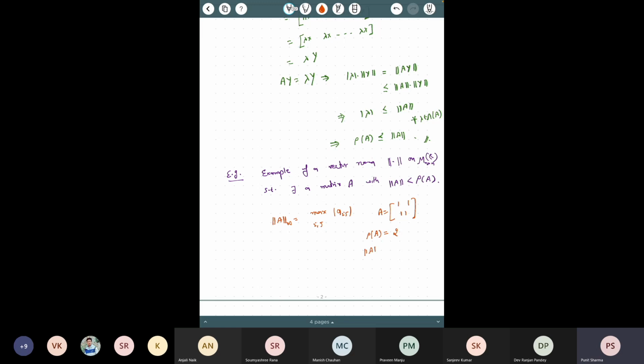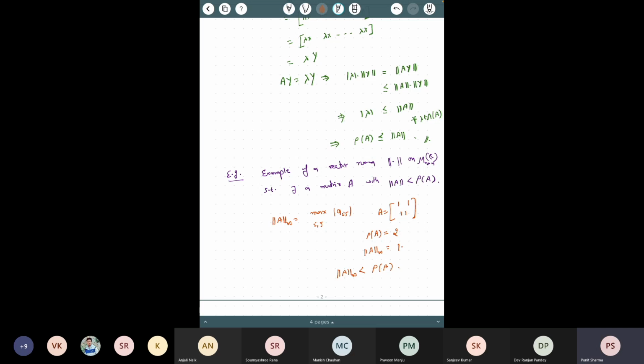And what is the infinity norm? 1. So here is an example where this norm is strictly less than the spectral radius.